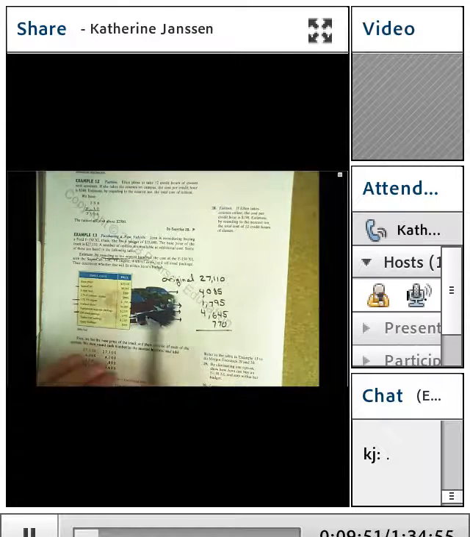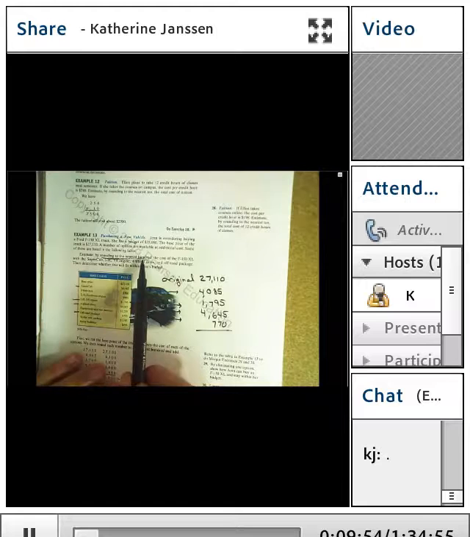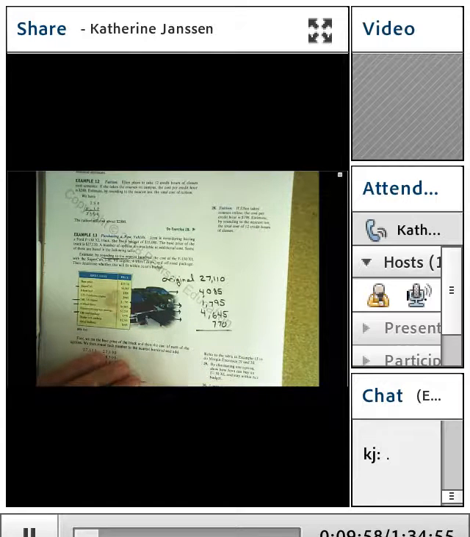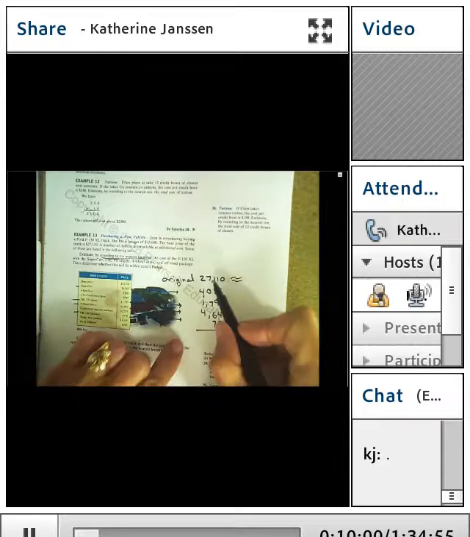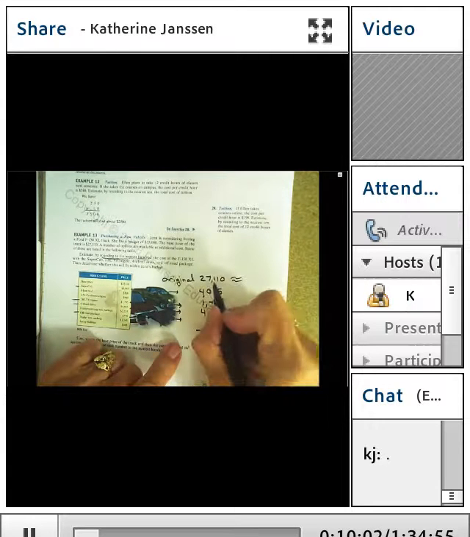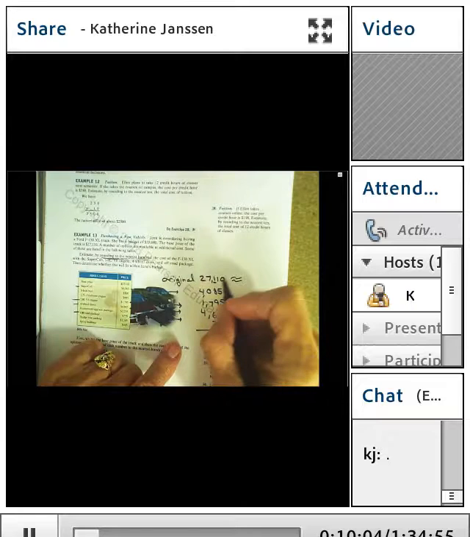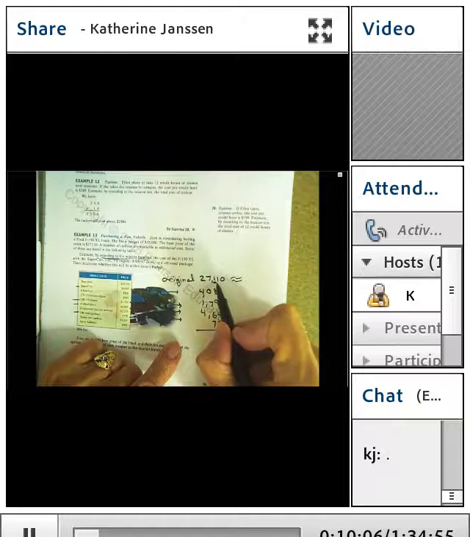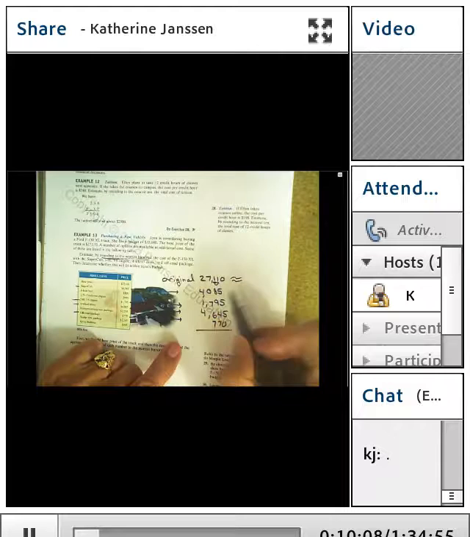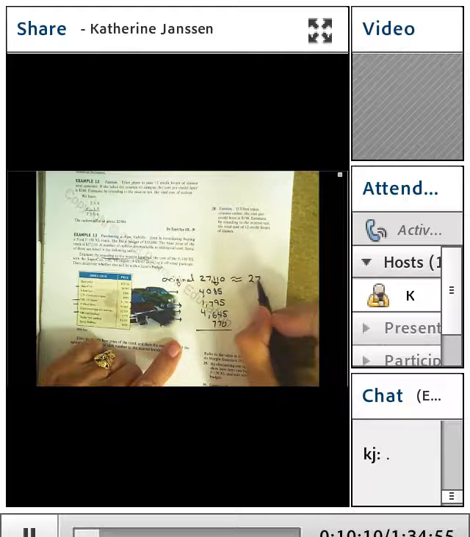Now we're supposed to round to the nearest 100 our cost. So we're going to round 27,110 to the nearest hundred. Looking at the next door, less than 5, so I have 27,100.